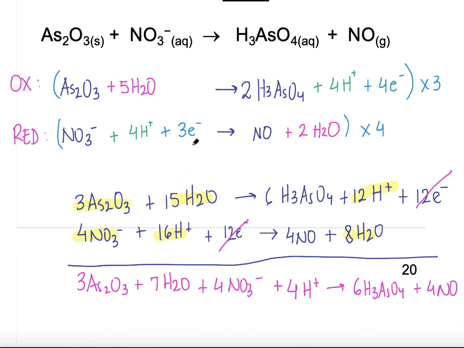If for some reason you end up having the electrons on the same side, that means that you have done something wrong. That means that you need to start all over again, or check what you have done. Electrons in one equation are going to be on the right side of the arrow, and in the other equation they need to be on the left side of the arrow. If you have them on both sides, that means that something is wrong. All right.